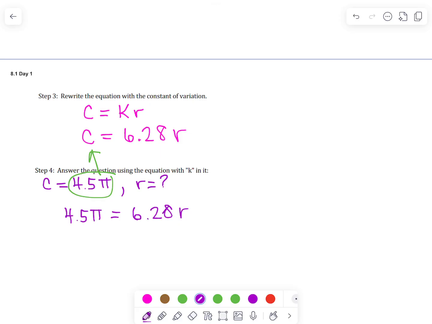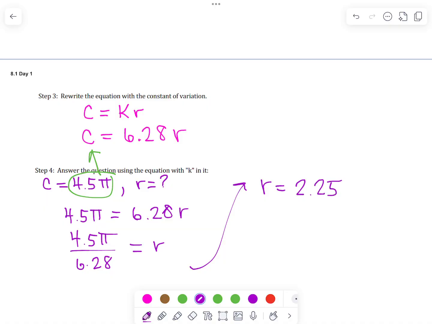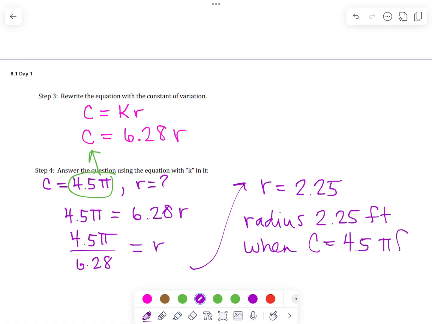So we divide both sides by 6.28. And then we type this into our calculator. So r equals 2.25. So what did we just find? We found the radius of the circle to be 2.25 feet when the circumference of the circle equals 4.5 pi feet.